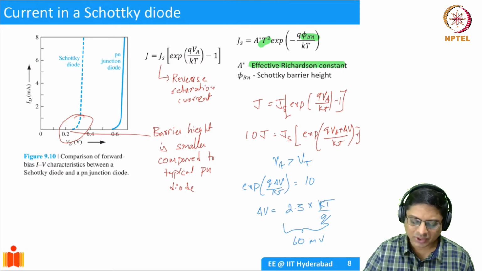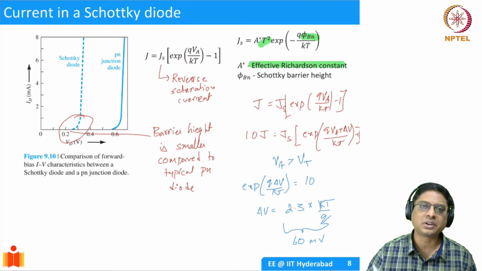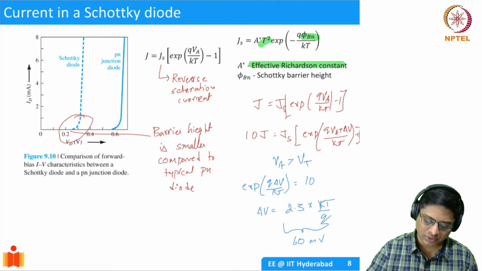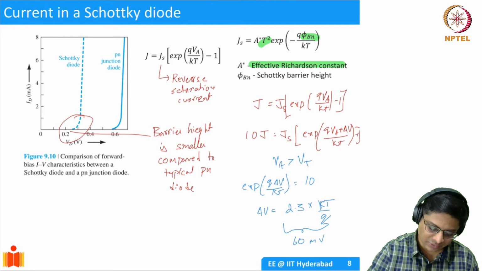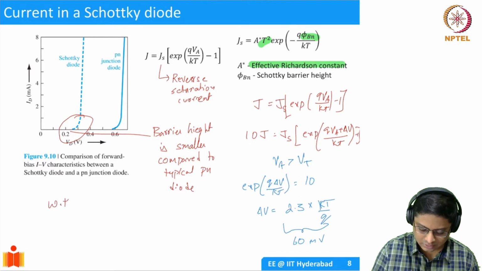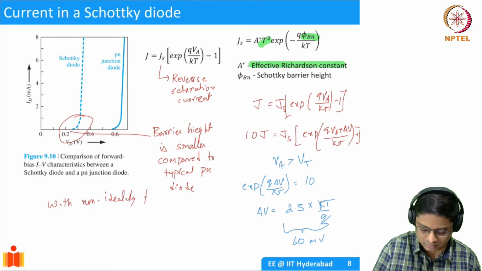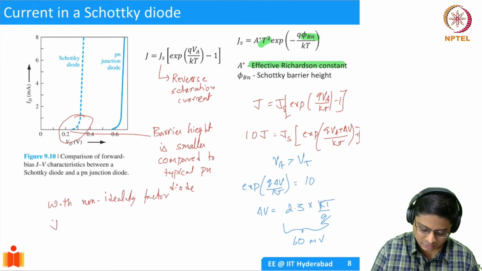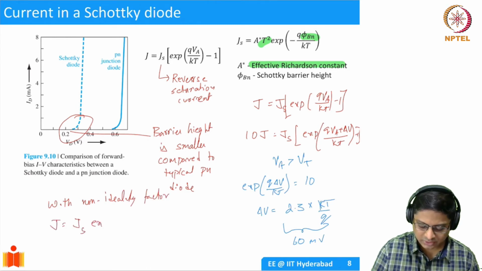It turns out that for the various devices, if you take the non-idealities into account, we can put a non-ideality factor N into your current. With the non-ideality factor, J is going to be Js exponential of QV applied by NKT minus 1.